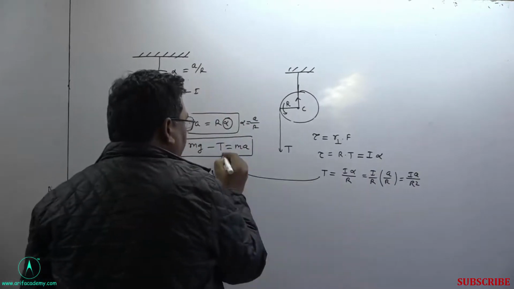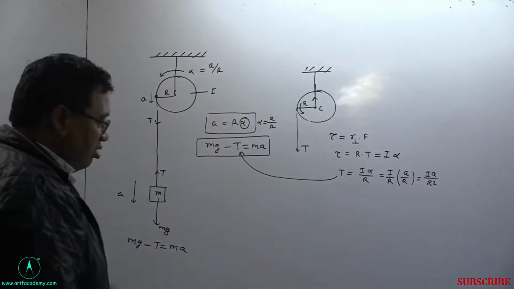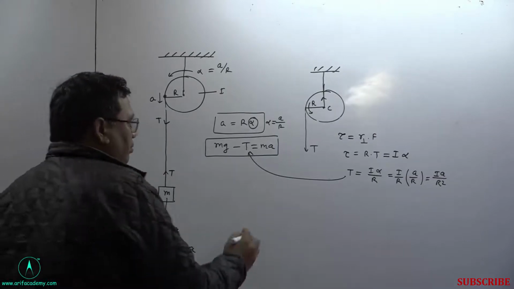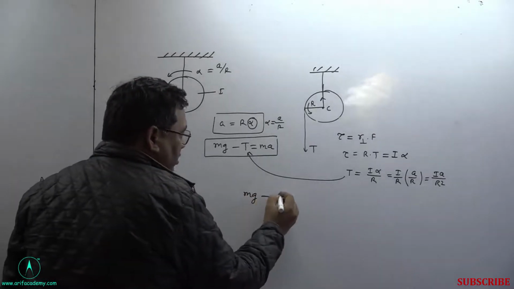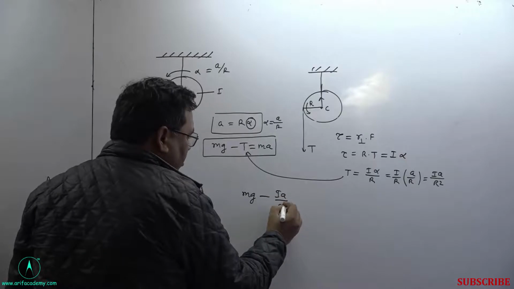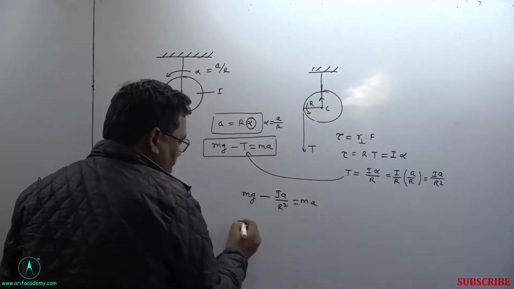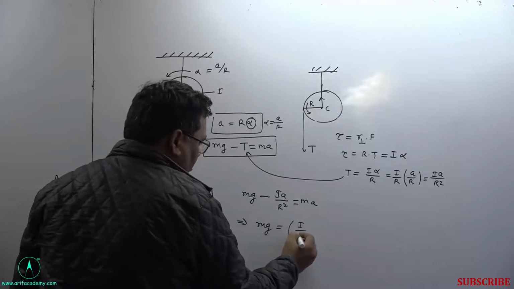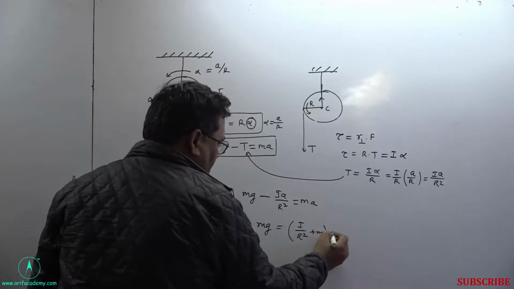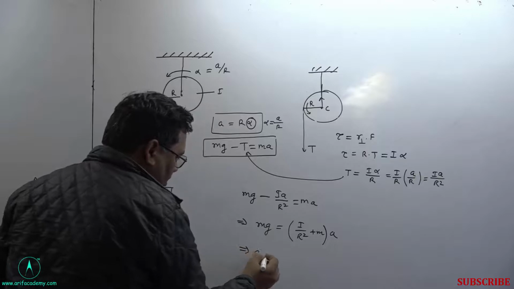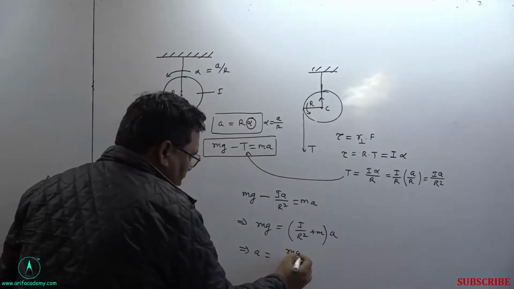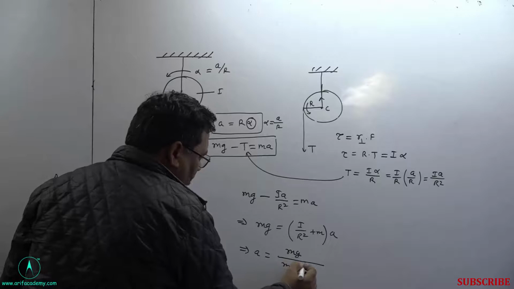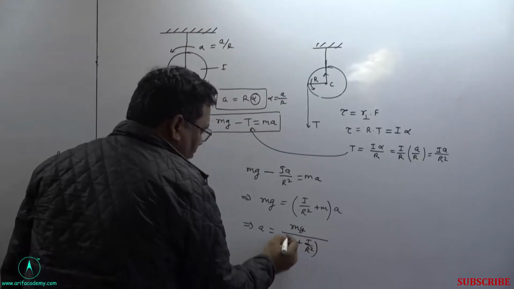Now we can put it in that equation to get the acceleration of this block. mg minus I a by r square equals ma, mg equals (I by r square plus m) a. Now acceleration will be mg upon m plus I by r square.